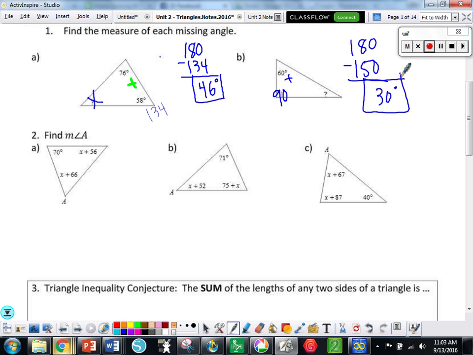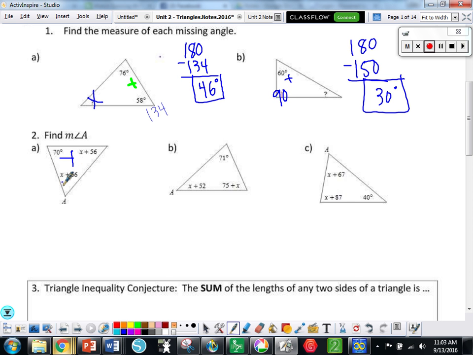Cool. Now what do I do on these problems when I throw in the variables? How would I do part A? Yeah, we need to find x first. Now all three of those angles add together to be what? 180. Let's add them together.